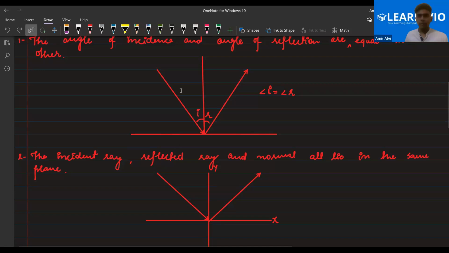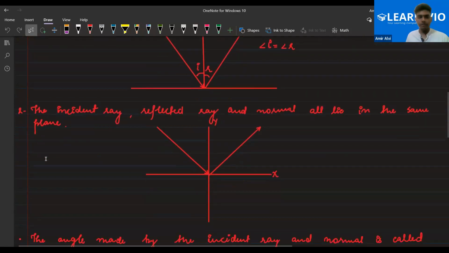Is my cursor moving right now, everyone? Please tell me. Yes, sir, I think so. Okay, sorry for the interruption, everyone. A little bit of malfunction was there in my pen.